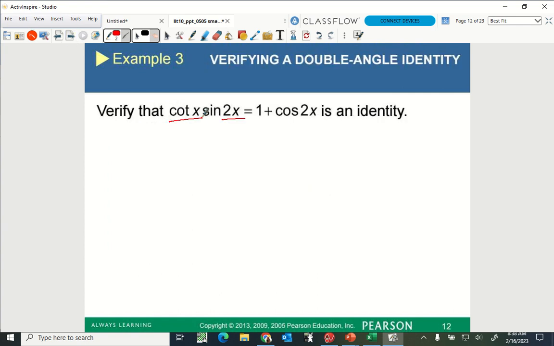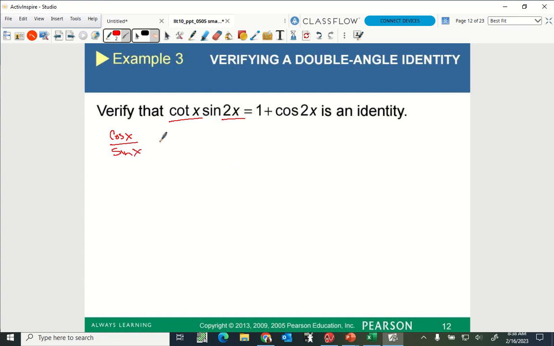And we know cotangent. What does cotangent represent? X over y, doesn't it? X over y. So I'm going to rewrite it, but because I'm still dealing with the double angle, I'm not going to change it into x's and y's yet. So I'm going to change cotangent. If it's x over y, isn't that cosine over sine?